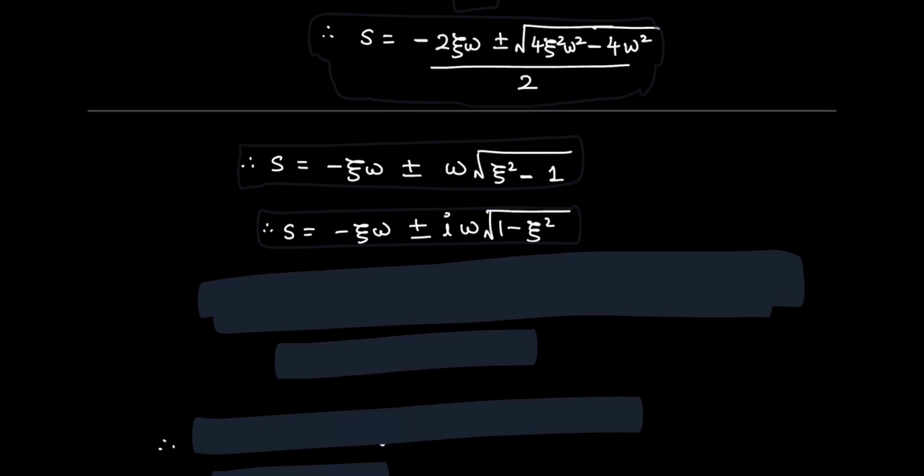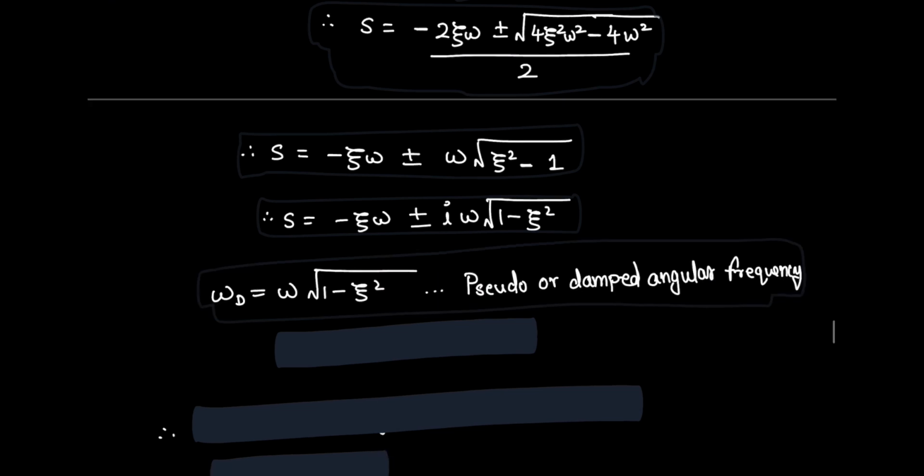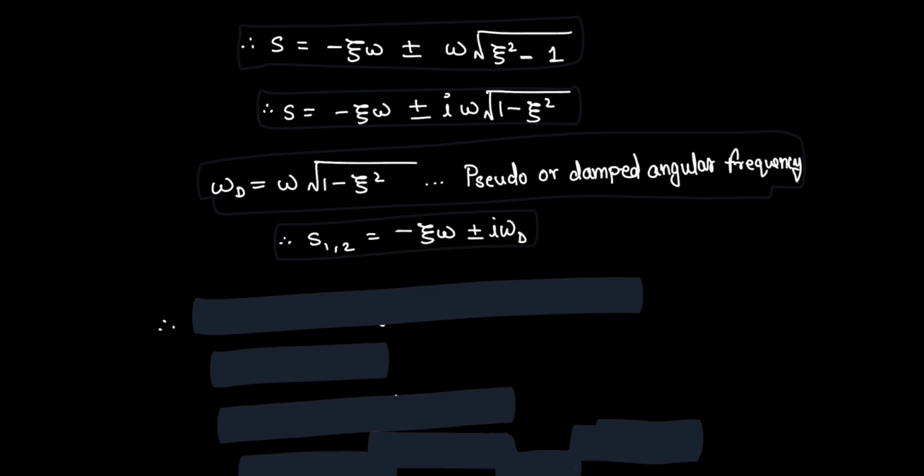We define omega under root 1 minus zeta square as damped natural frequency or pseudo natural frequency. Hence we obtain s1 and s2, that are the two roots of our equation.